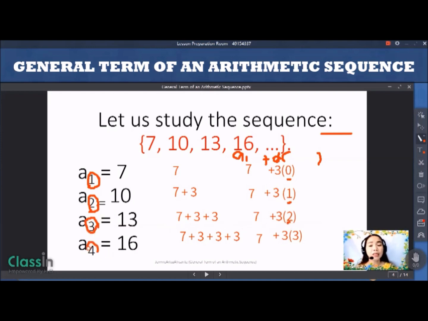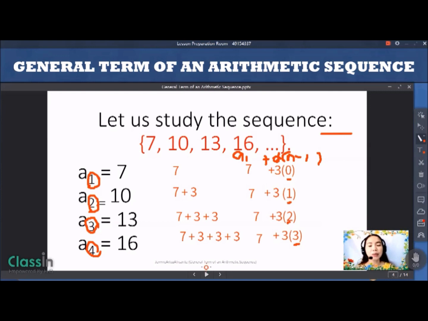Then when n is 4, the number here becomes 3. What if your n is, say for example, 10? What do you think is the number that we're going to multiply? Very good. That will be 9. It only means that we are just subtracting n minus 1.